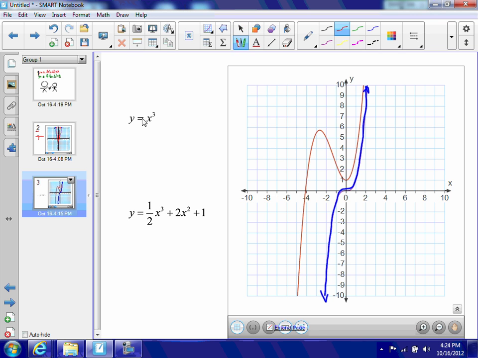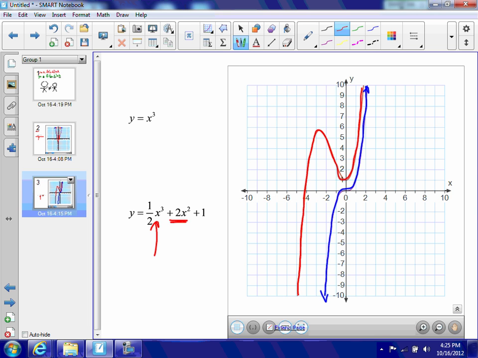Well, on my red one, I have a similar kind of squiggle. I mean, it's a little bit different. And that little bit of a difference right here, by the way, is being caused by the fact that my x squared is trying as hard as it can to turn this into a parabola. But x squared is a lot less powerful than x cubed.